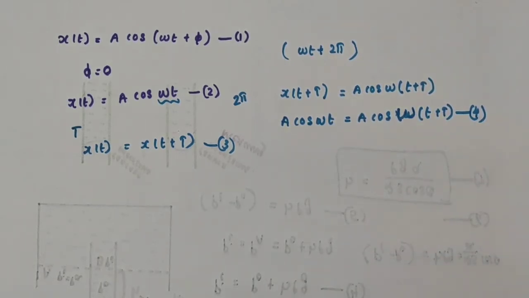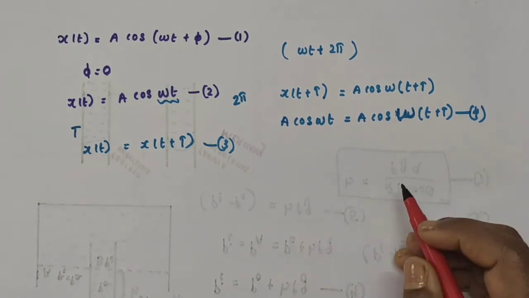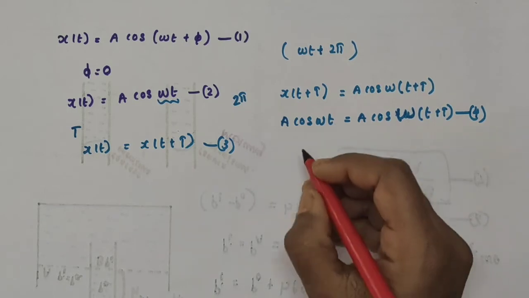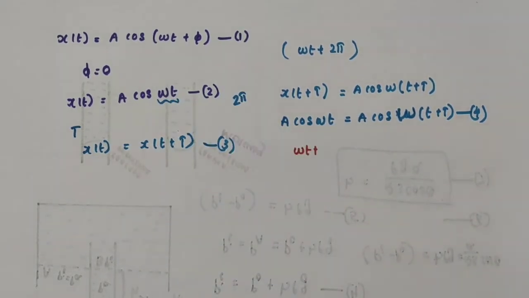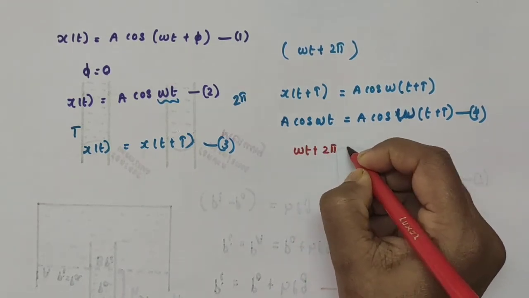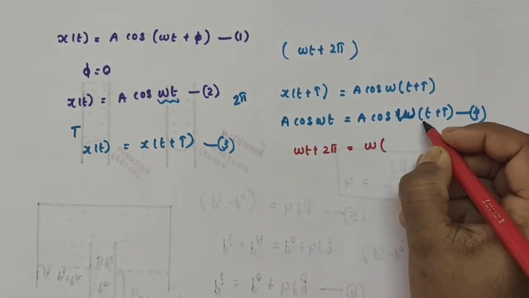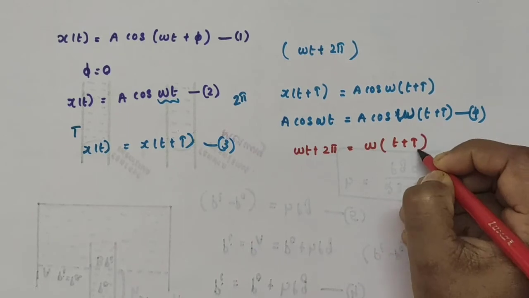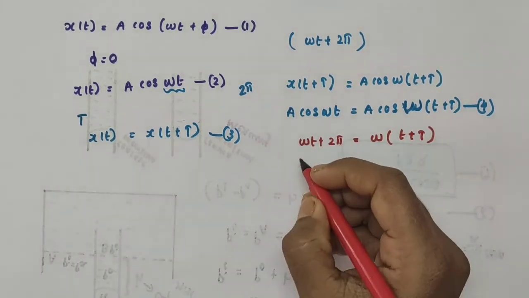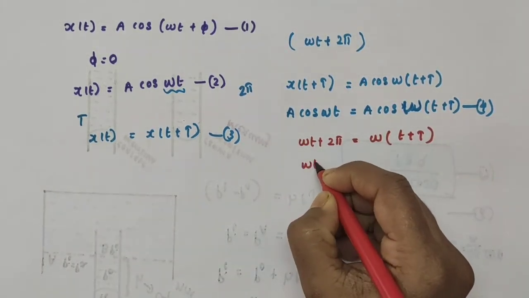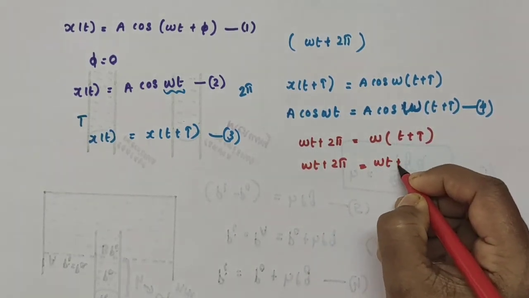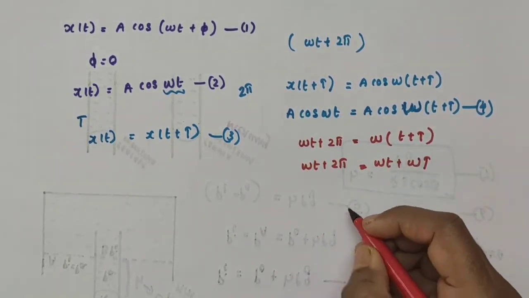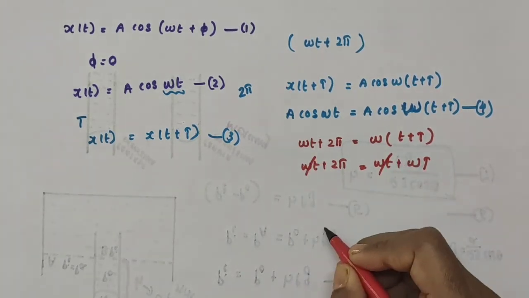We said when the argument of the cosine function changes by 2 pi, the cosine function repeats. So omega t, the argument of the cosine function, plus 2 pi will be equal to omega of t plus T. So omega t plus 2 pi is equal to omega into t plus omega into capital T. This omega t cancels now.